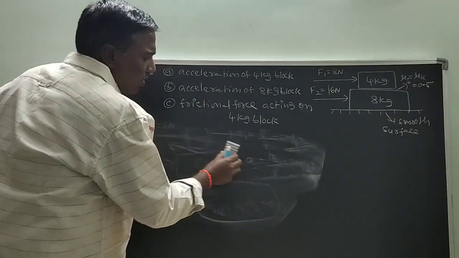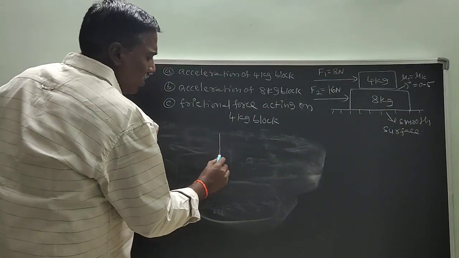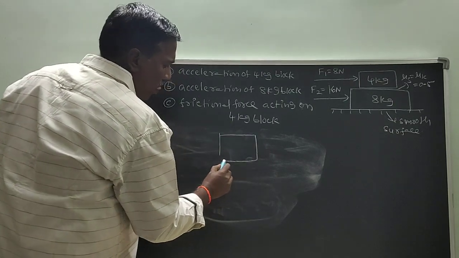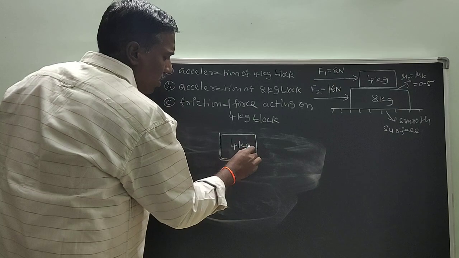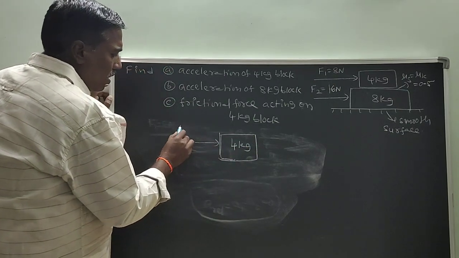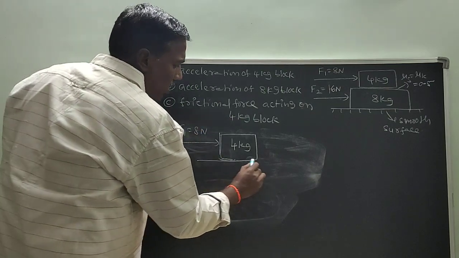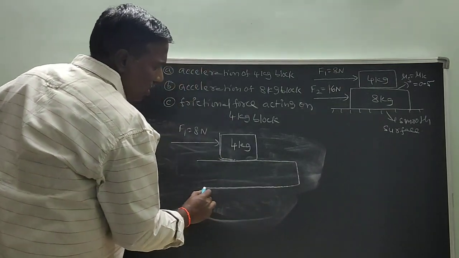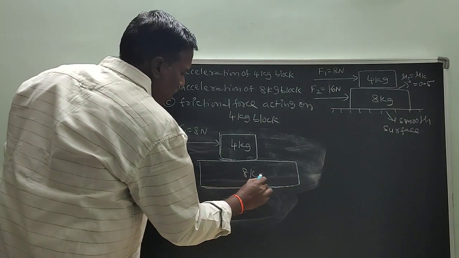Now suppose this is the 4 kg block, and the force applied on it is F1 equal to 8 Newton. This is the 8 kg block.